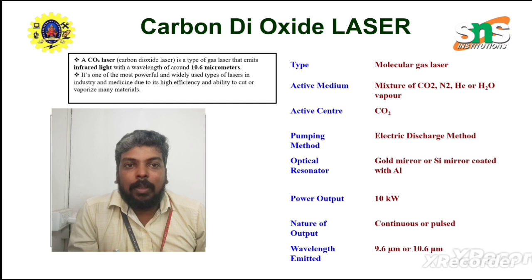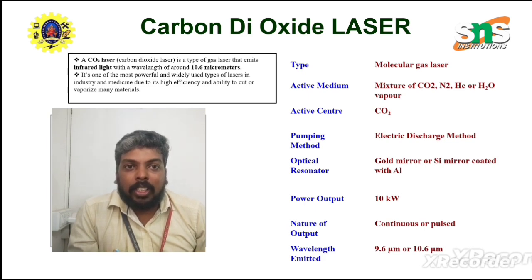These are the three important components for lasers: the active medium, the pumping technique, and the optical resonators. To produce a highly intense and coherent beam, we get it through the optical resonators.